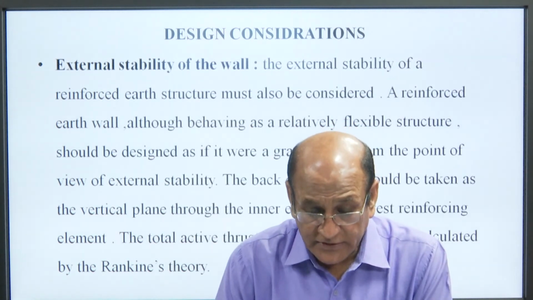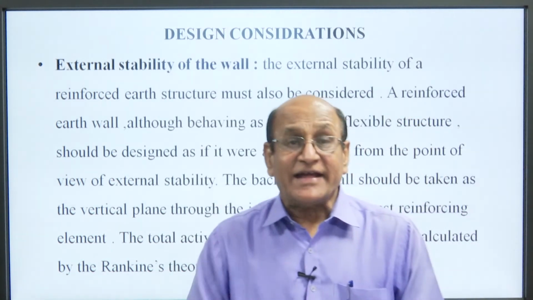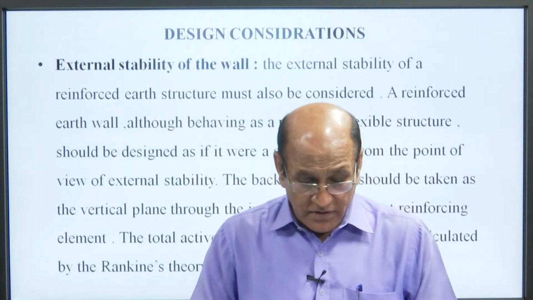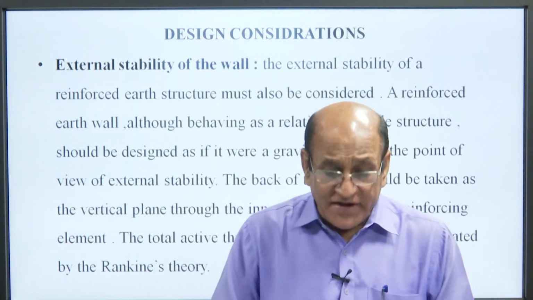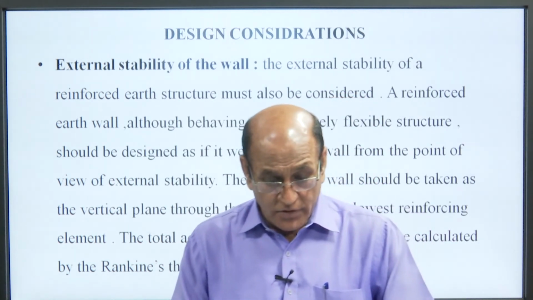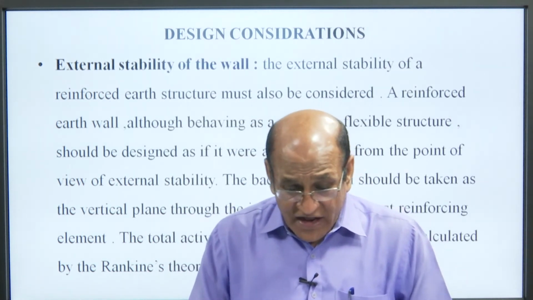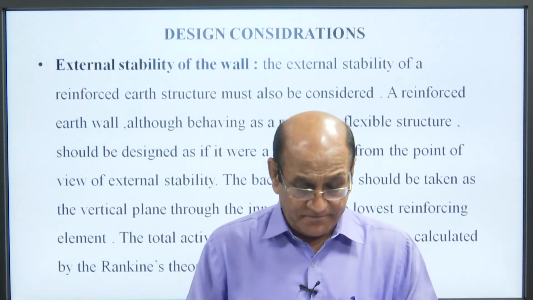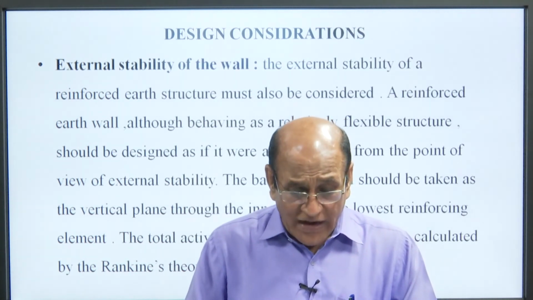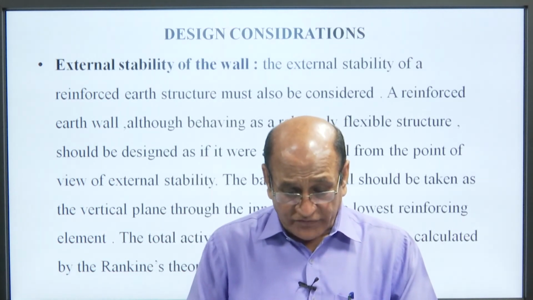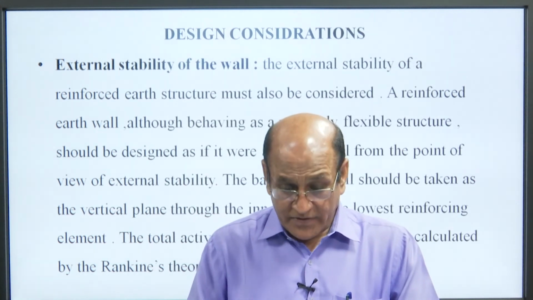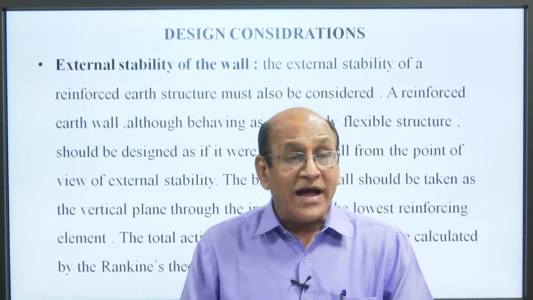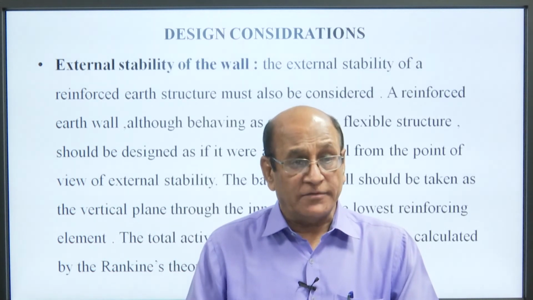The back of the wall should be taken as a vertical plane through the inner end of the lowest reinforcing element. The total active thrust on this plane should be calculated by Rankine's theory.